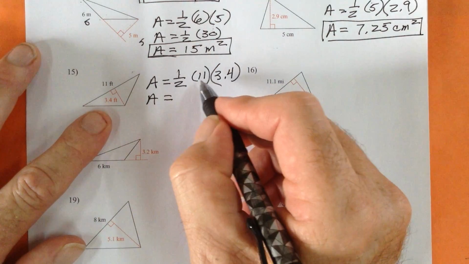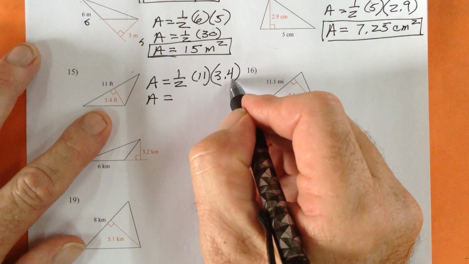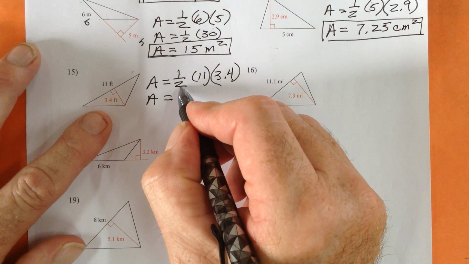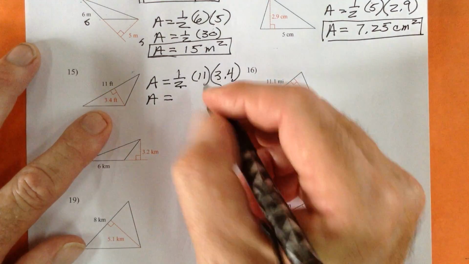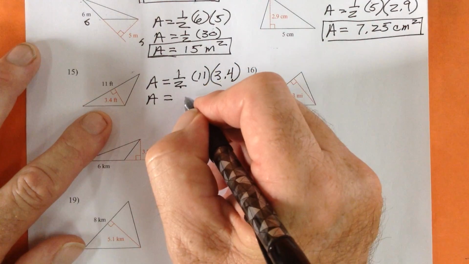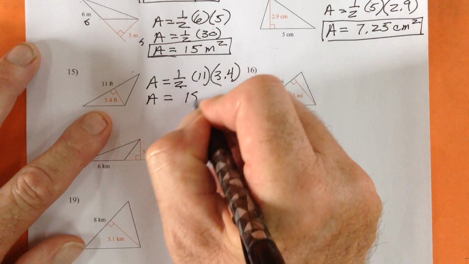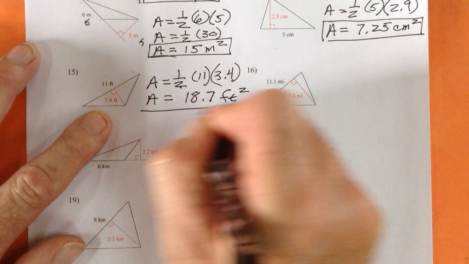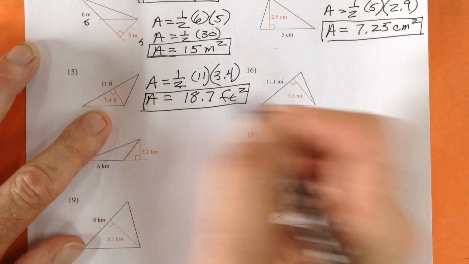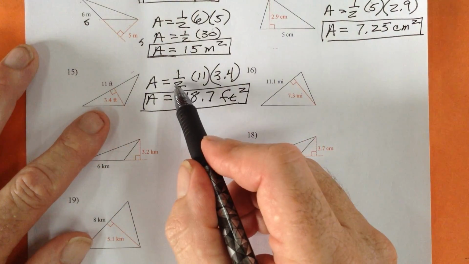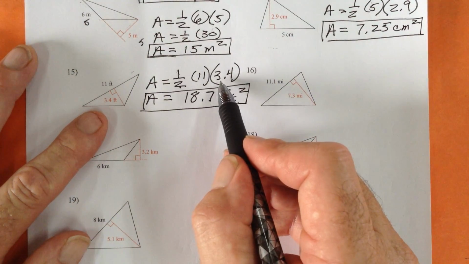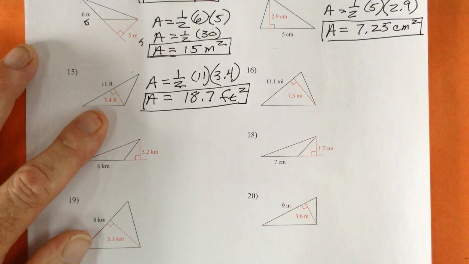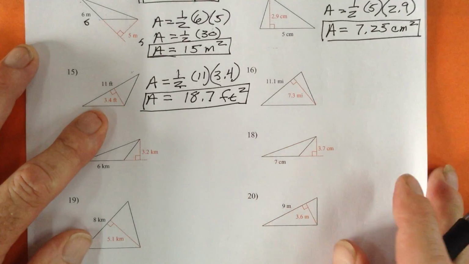If I go 11 times 3.4 and take half of it, you end up with 18.7 feet squared. Or you can go 0.5 times 11 times 3.4 and you end up with 18.7.